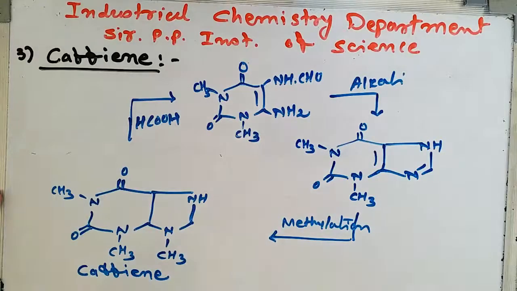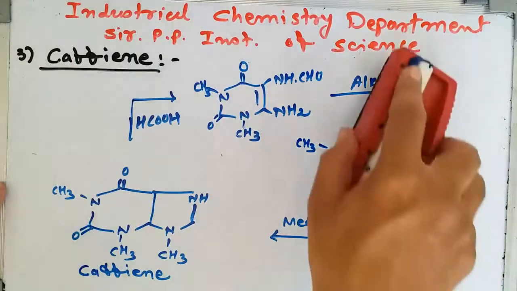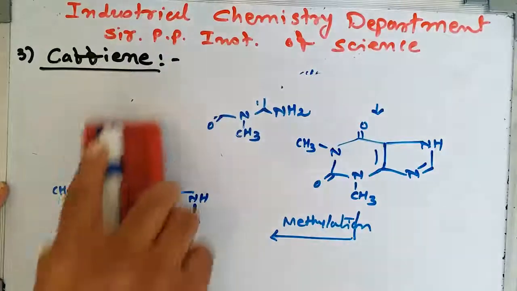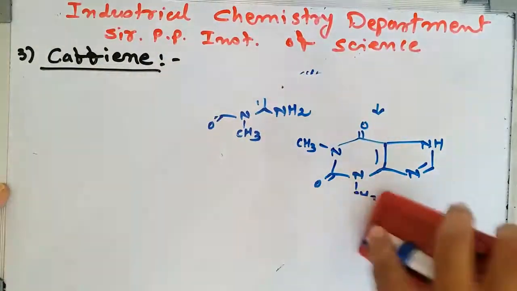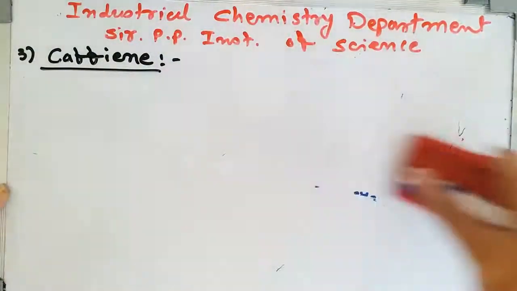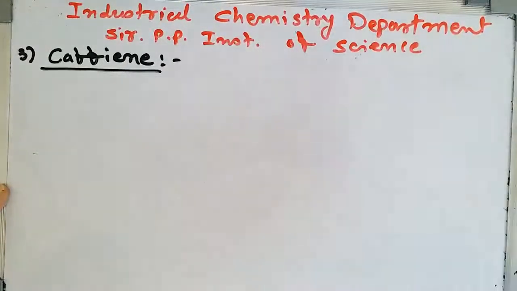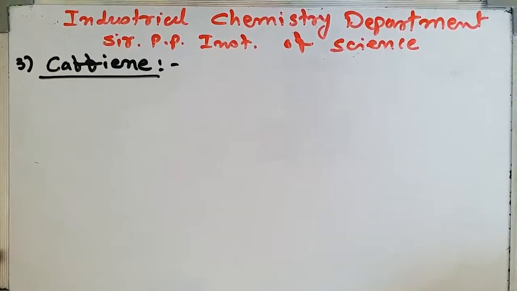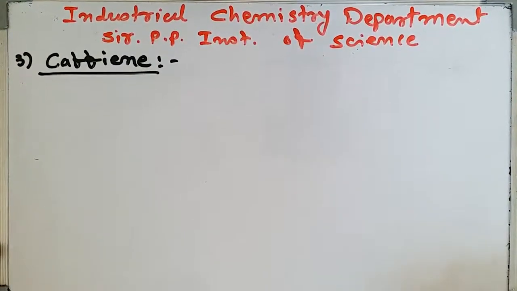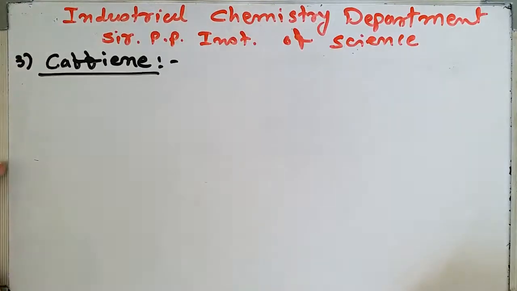So we extract caffeine from tea dust or damaged tea. We draw the flow sheet diagram for extraction of caffeine.